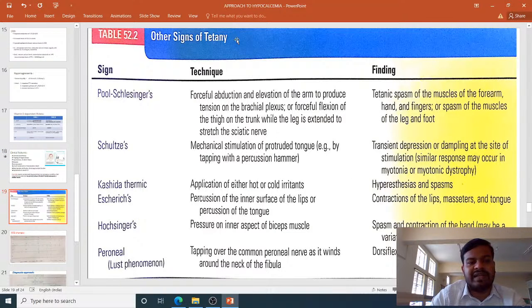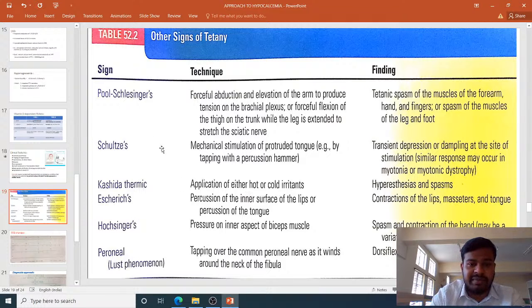Other signs of tetany, there are many signs. I'll just read them out. Just try to remember: Pool-Schlesinger sign, Schlesinger sign, Hoffmann sign, Escherich sign, Hochsinger sign, and Peroneal sign.